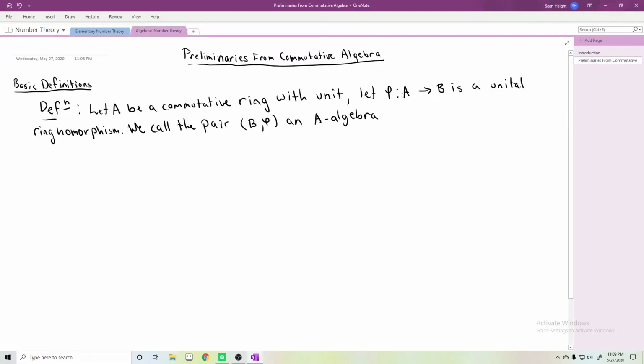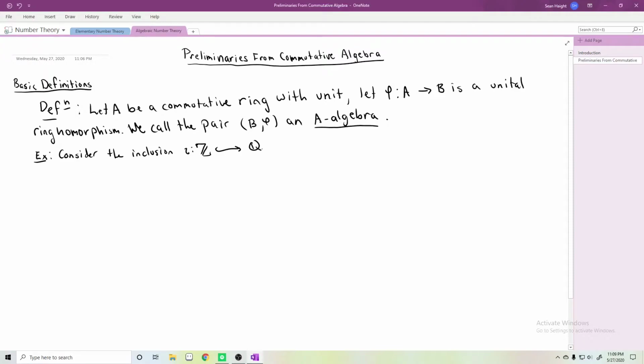So this map phi essentially allows us to multiply elements of B by elements of A. What do I mean by this? So, for example, let's consider the inclusion, maybe one of the simplest possible examples.